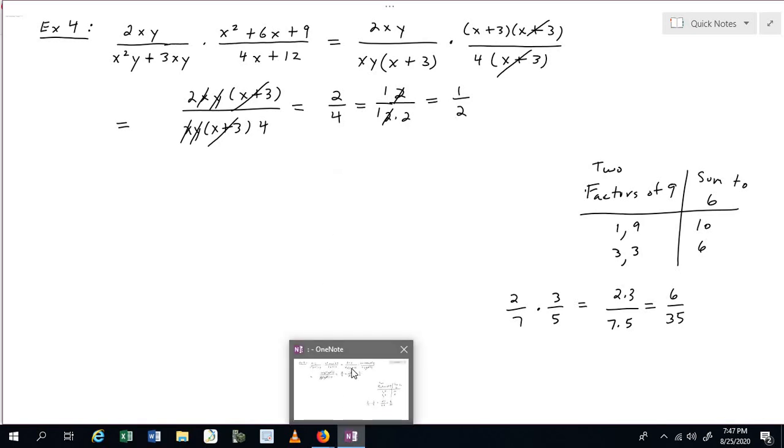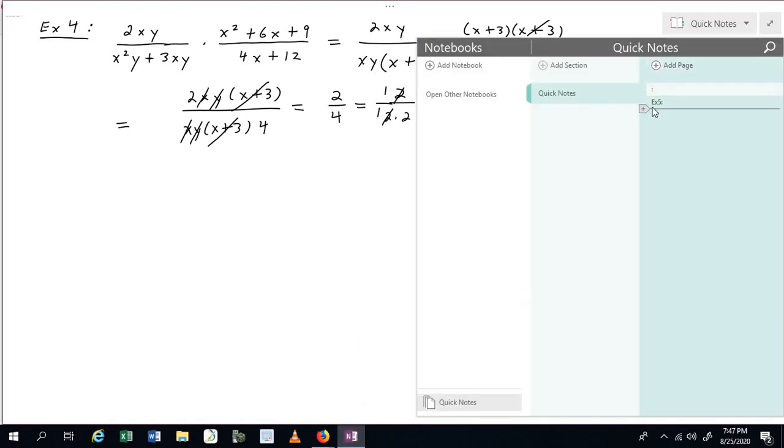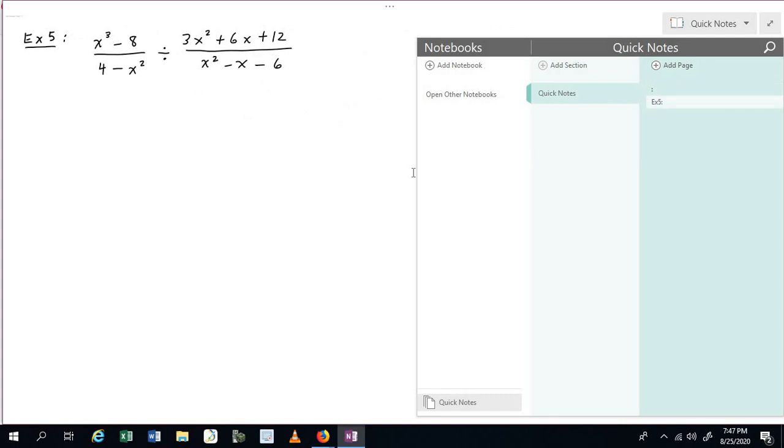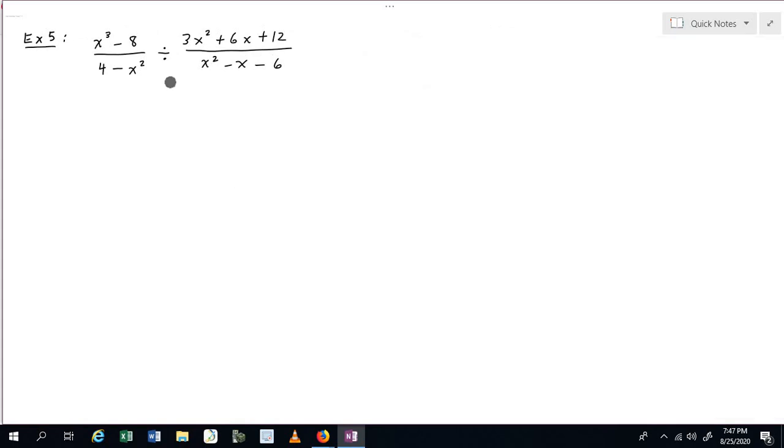Okay, let's look at one where you divide rational expressions. Okay, so here we're dividing this rational expression by this rational expression. And so the way we're going to approach this is not that different than the way we approach dividing fractions.